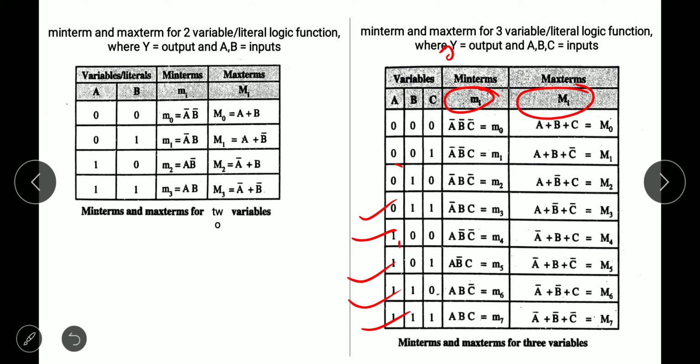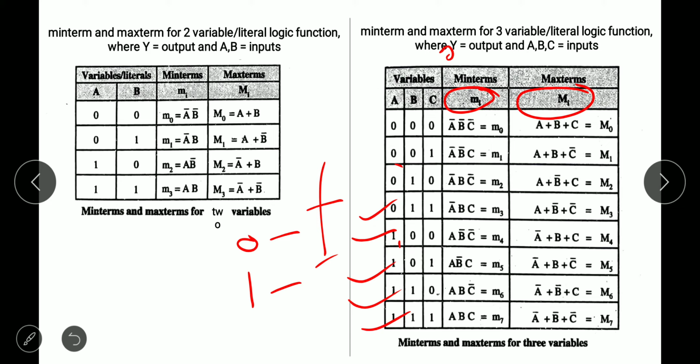And we already know that for a max term, 0 represents no bar and 1 represents bar. So where 0 is present, the variable has no bar, and where 1 is present, there is a bar.